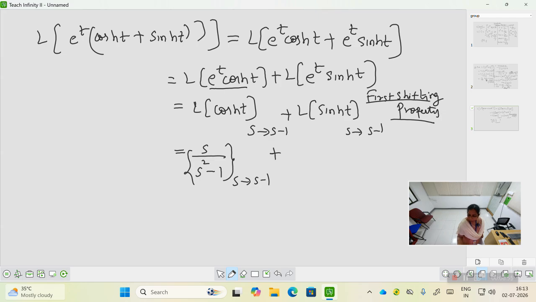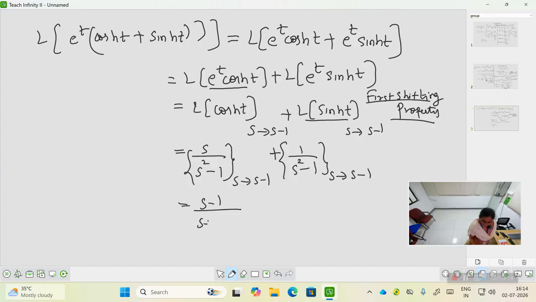So plus, here what is Laplace of sin ht? Sin ht is 1 by s square minus 1, where I have to supply s as s minus 1. So which is equal to s minus 1 in the numerator, s minus 1 whole square minus 1, plus 1 divided by s minus 1 whole square minus 1, right?